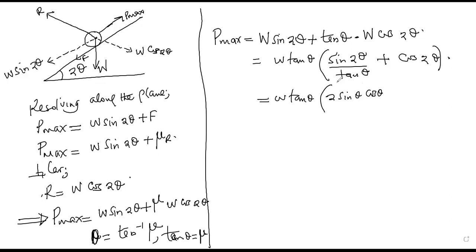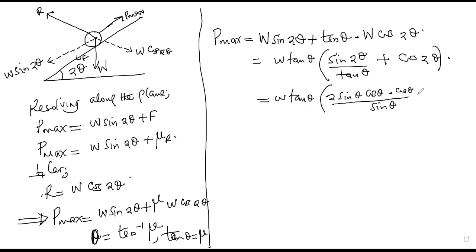But then we are dividing by tan theta, which is sin theta over cos theta, which is the same as times cos theta over sin theta. So we have multiplied by the reciprocal, cos theta over sin theta.